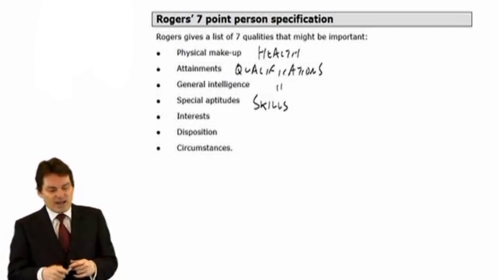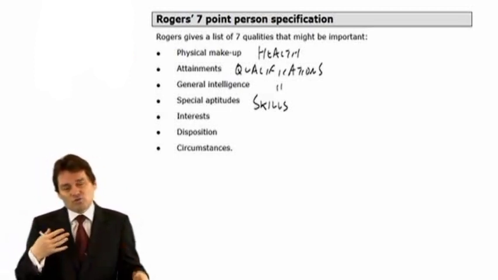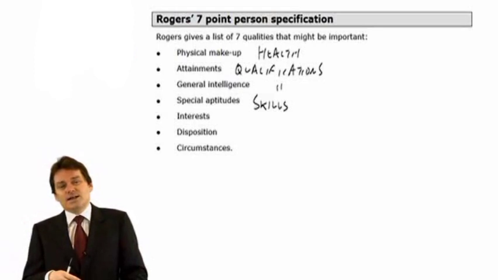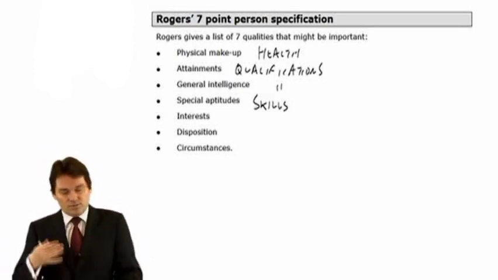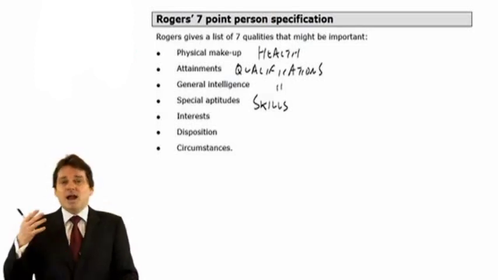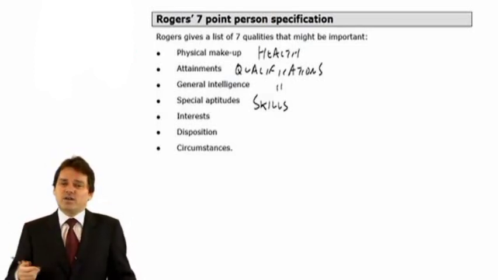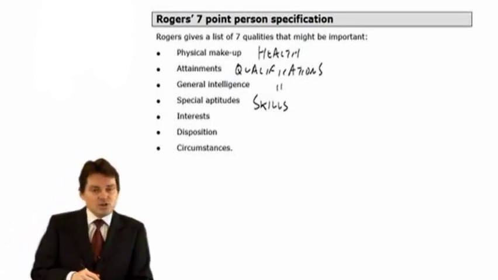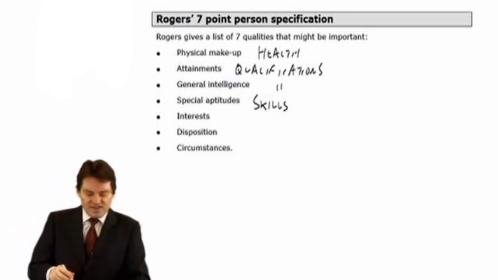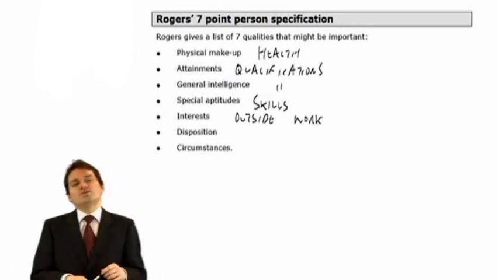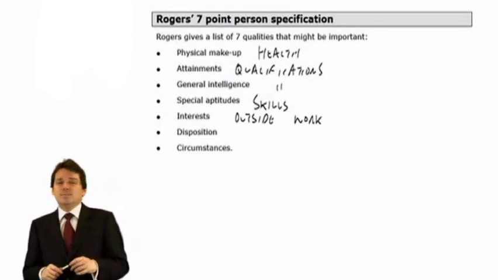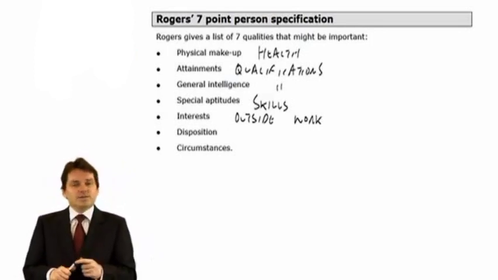So I suppose special aptitudes, being able to write reasonably good business English, would probably be a reasonable aptitude that you could expect for this kind of job. Again, it will be different for other kinds of jobs. Interests. That will be things outside of work. To be honest with you, that really doesn't make an awful lot of difference as far as my job is concerned, but it may do for others.